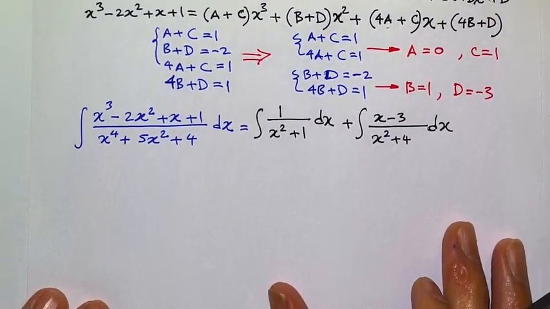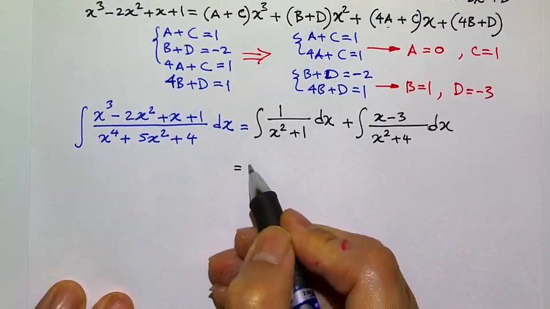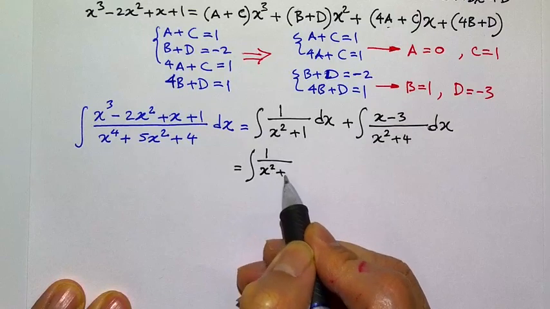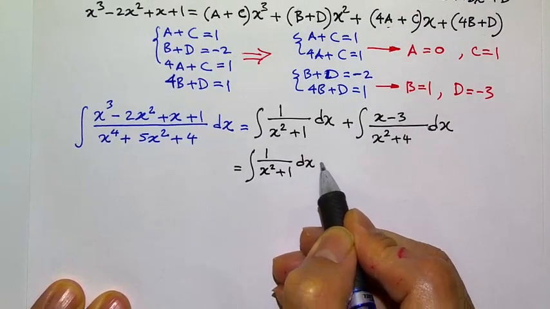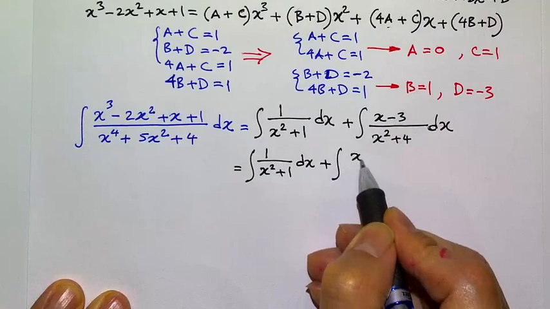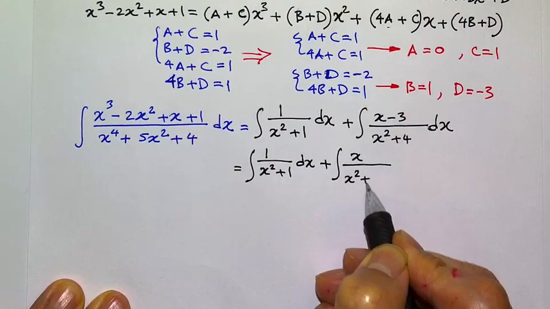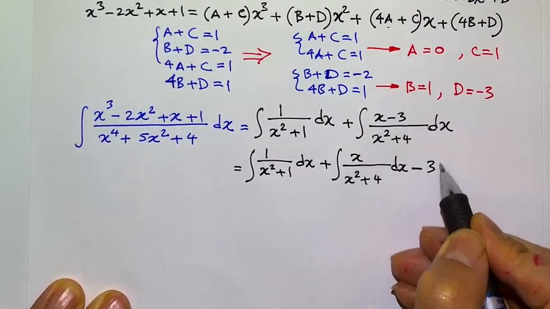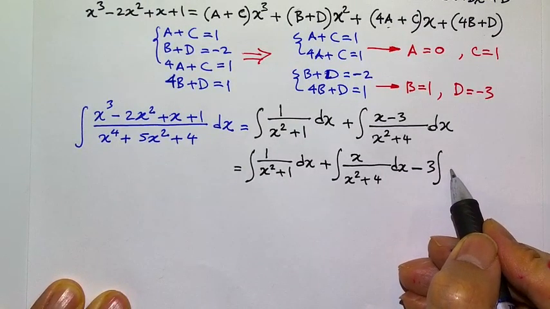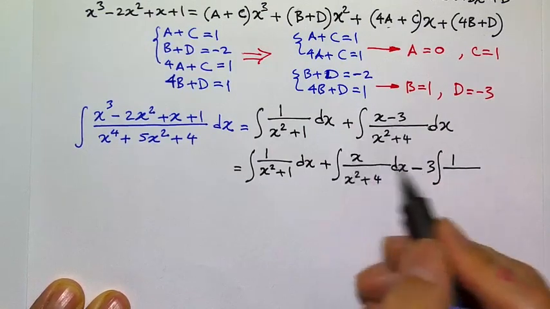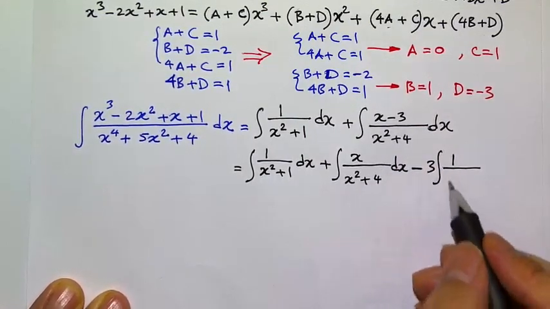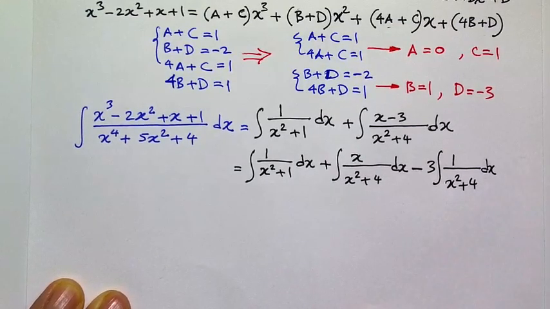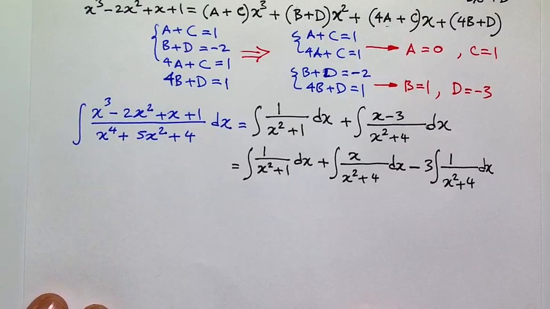So we have the integral of 1 over x squared plus 1 dx plus the integral of x over x squared plus 4 dx minus 3 times the integral of 1 over x squared plus 4 dx. Okay, like that.